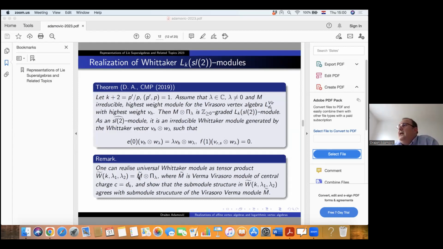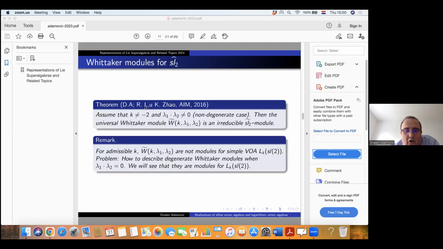Of course, I cannot exclude that there is some generalization, some non-tensor product module. What is the central charge? Is the central charge non-zero? The central charge is non-zero; it's almost arbitrary.